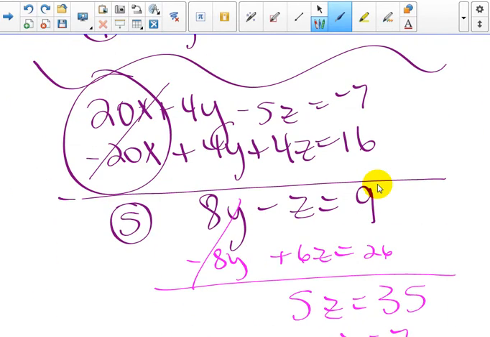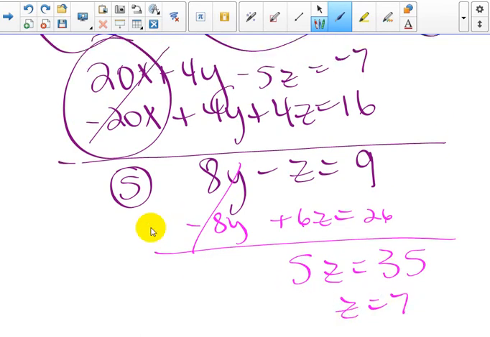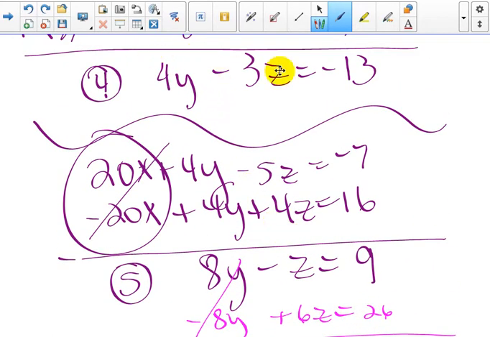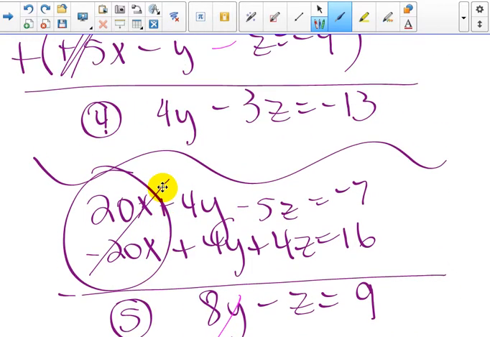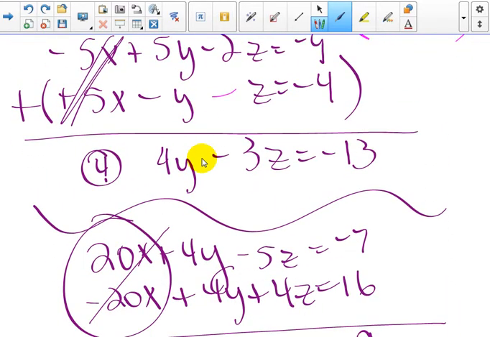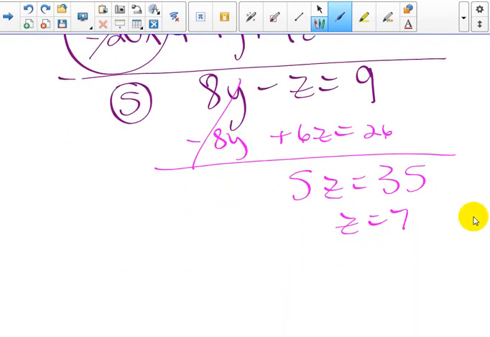So now let's go back, we've got our z for 7. Now pick equation 4 or 5 and plug in your z of 7 and get your y. So I'll just use equation 5. 8y minus z equal 9.